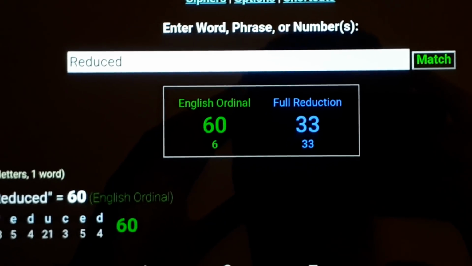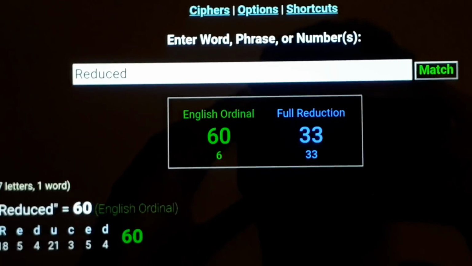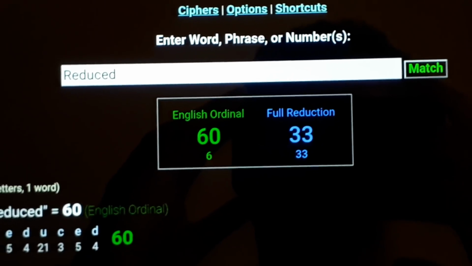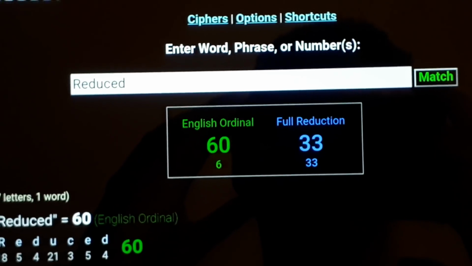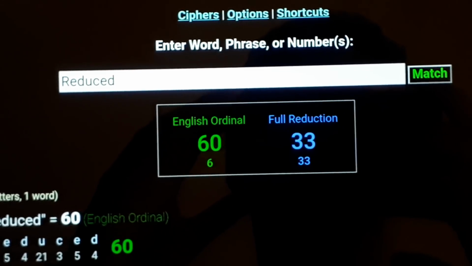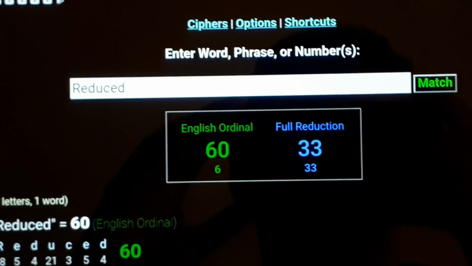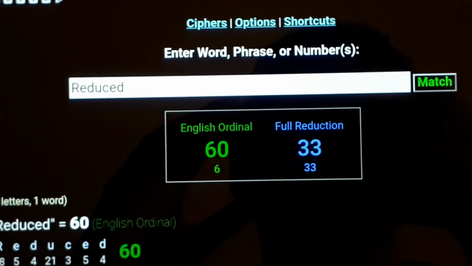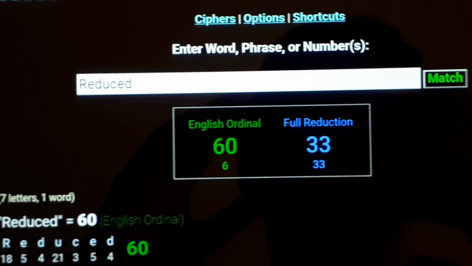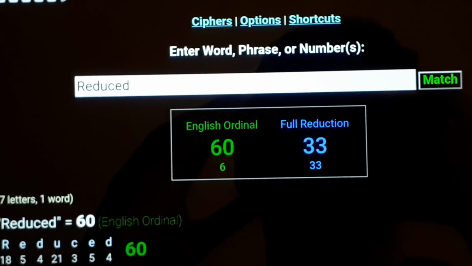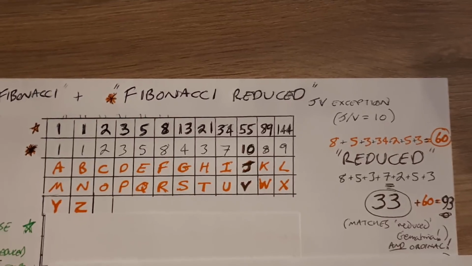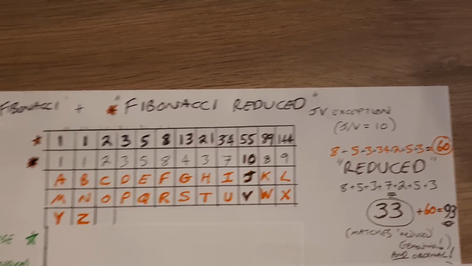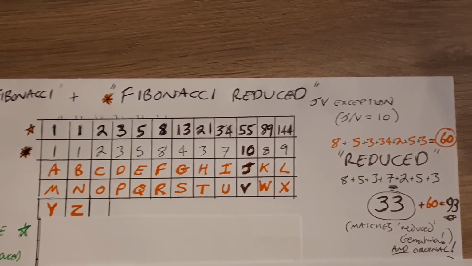And the first word example is why I'm so excited about it, because this is the ordinal gematria for the actual word reduced. 60 ordinal, 33 reduced. So that's why I wanted to use that as the first example, because that very first example matches the Fibonacci gematria.